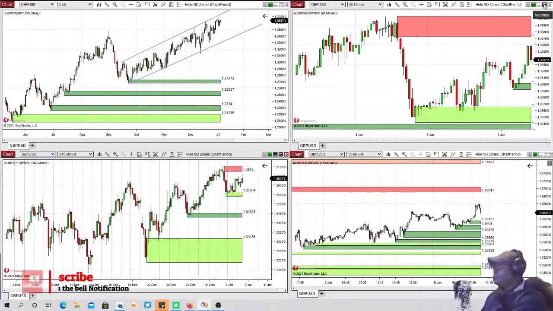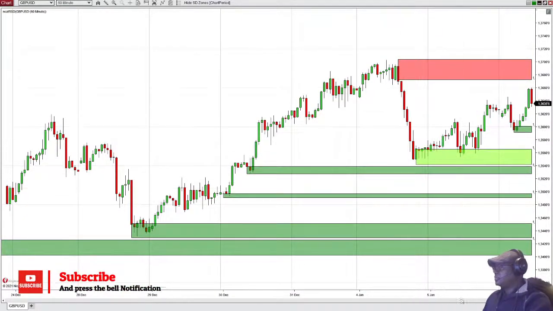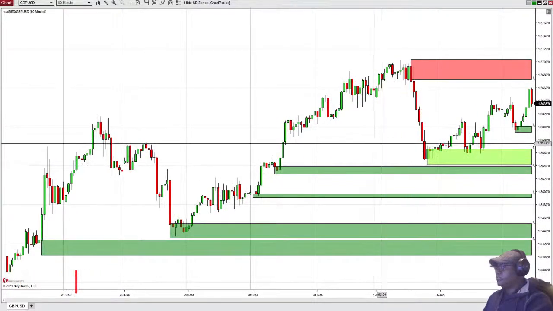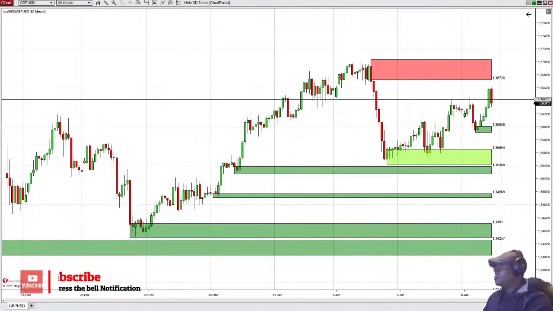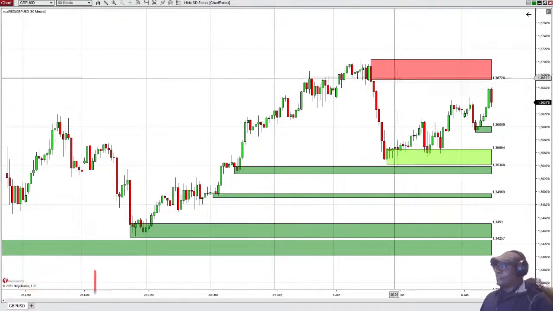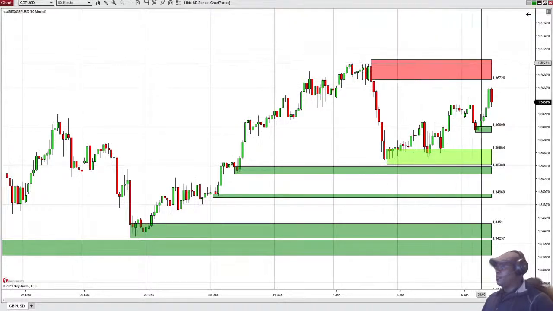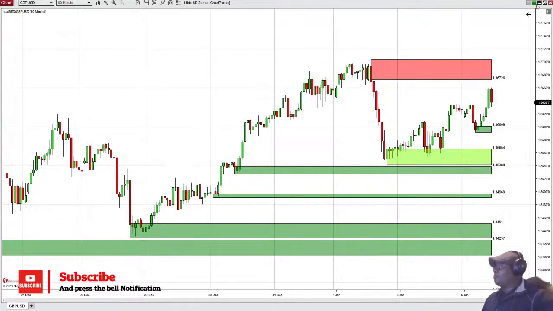On the 1 hour, if I have to take the trade, I have to wait for it to reach 36.72.